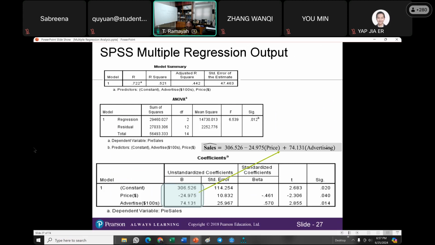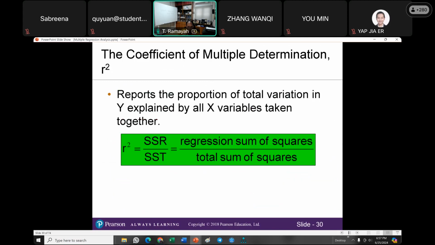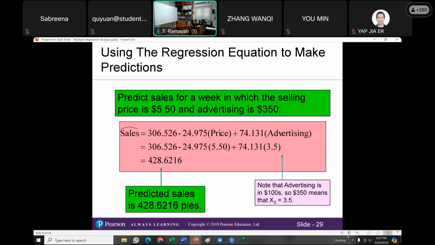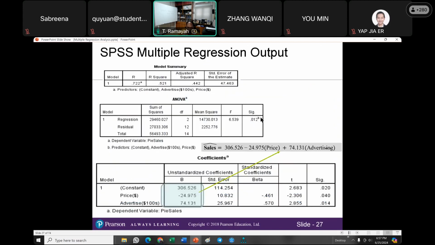So when we do multiple regression analysis, the first table that we will be looking at is called ANOVA. This ANOVA table must be significant first, before we can look further.